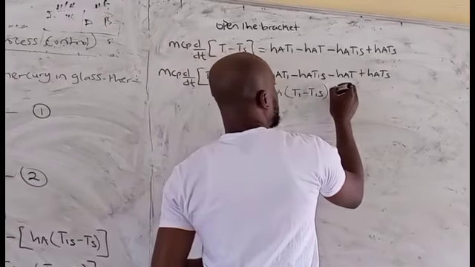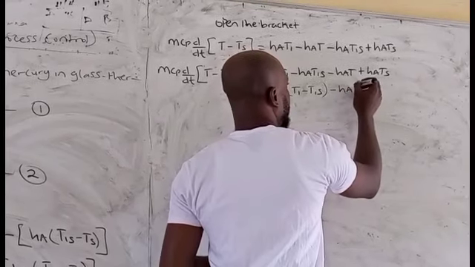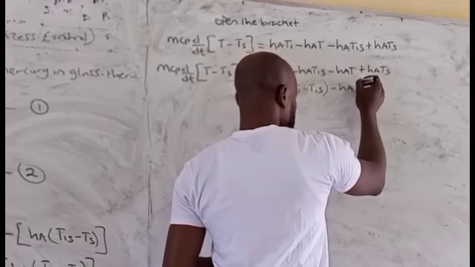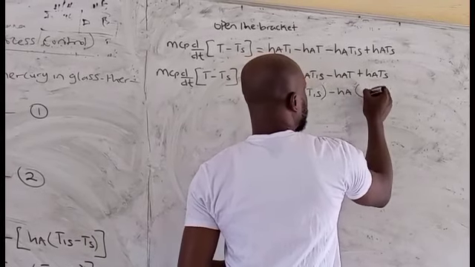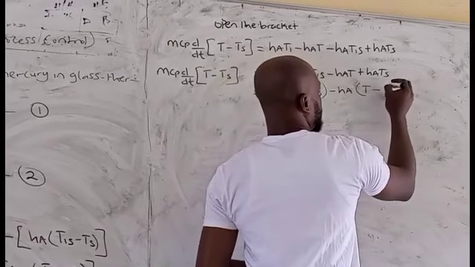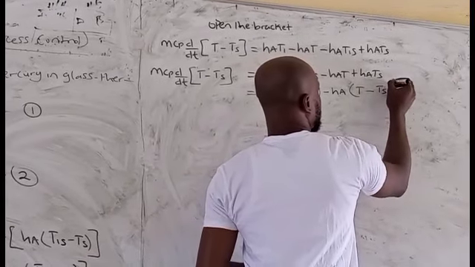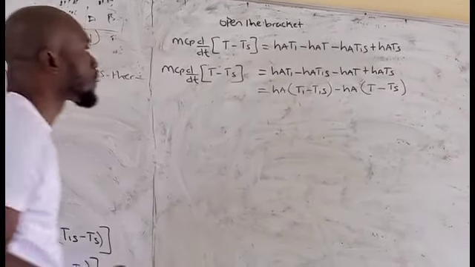So I'll do minus HA into, HA is common here, (T minus Ts). This is what I'm going to get.